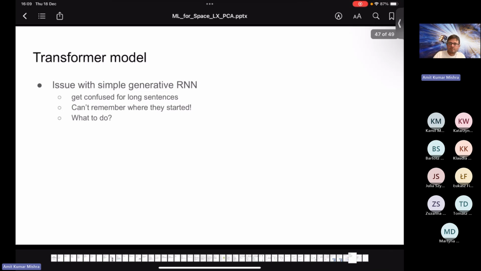The original transformer paper's title was quite non-technical and interesting. It says "Attention is all you need," and that was the introduction of the transformer model. The transformer model has really revolutionized the whole AI field. All the large language models have transformers at their core.